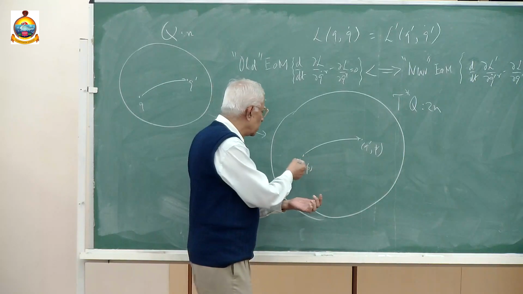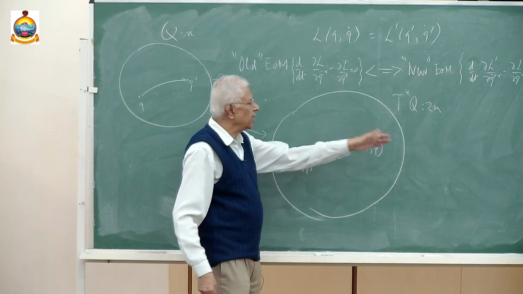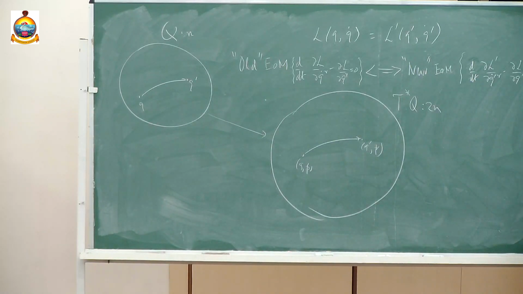You are able to express q and p in terms of q prime and p prime. So, if I give you any such mapping, can I suitably redefine the Hamiltonian?